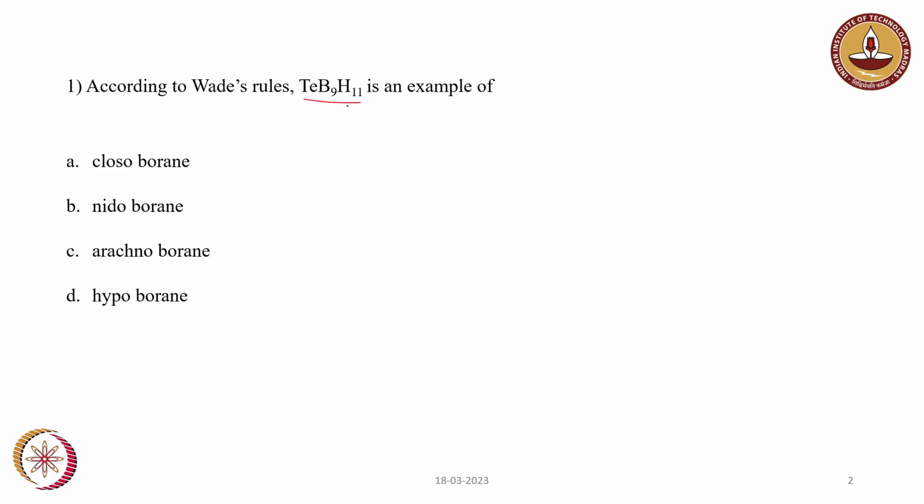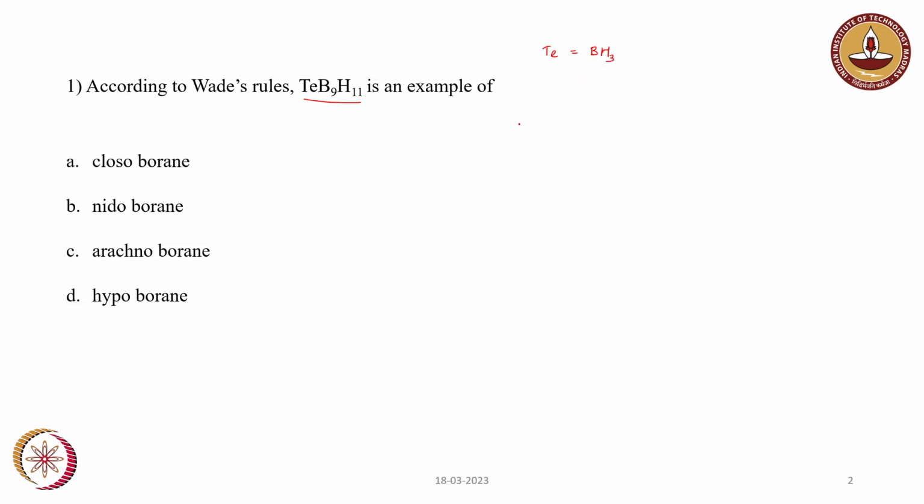TeB9H11. When a heteroatom is present, we can replace it with an appropriate BHn unit. Here Te is given, which is in the group of oxygen. So one Te is equivalent to one BH3 unit.